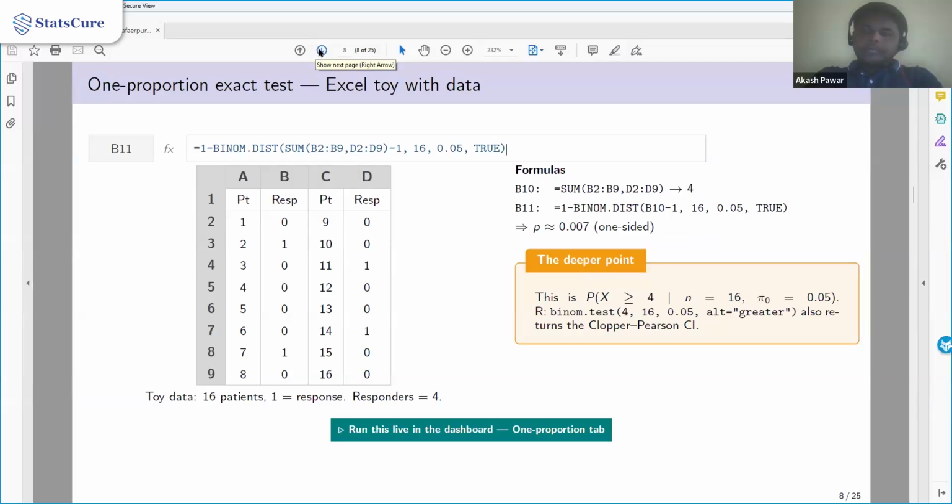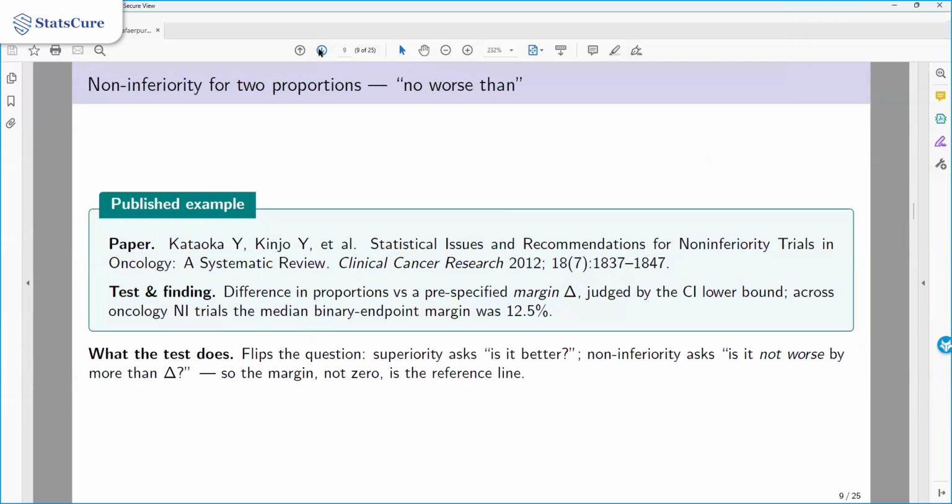No, sir. Okay, perfect. So this is one example with a published article on statistical issues and recommendations for non-inferiority trials, and we are going from 1 proportion test to 2 proportion test. This article also says the difference in proportion is compared versus a pre-specified margin, that is delta.